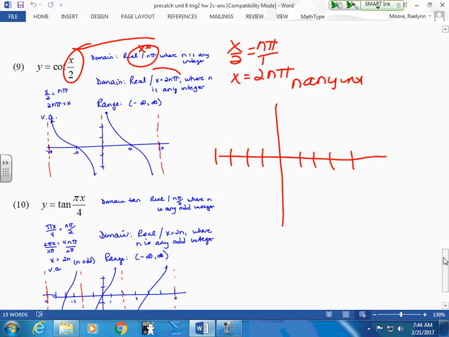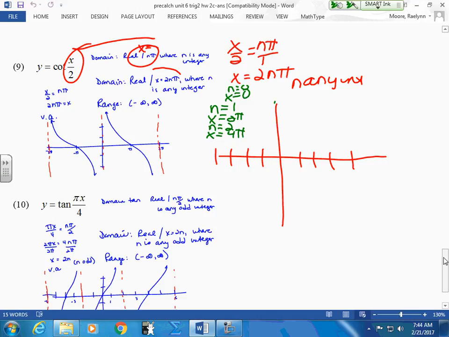If n is 0, what is x? 0. If n is 1, what is x? If n is 2, what is x? 4 pi, right? Every 2 pi. I'm still going every integer. That's what's giving me my even.